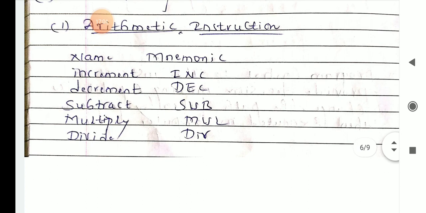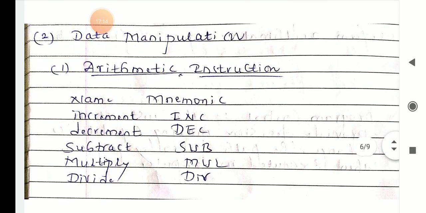So this is today's class. In the next class we will discuss the formats in a detailed way, as well as instruction sets. Instruction sets and instruction formats are very important for this chapter.